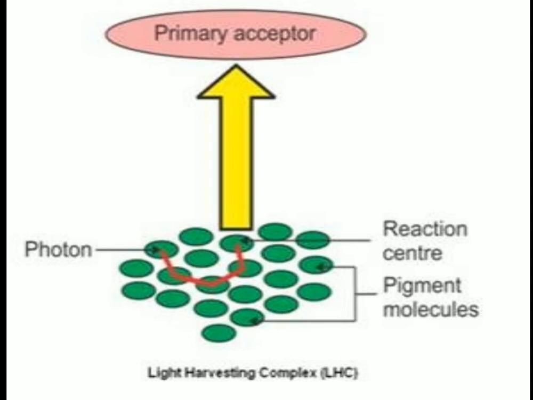I repeat once again that in photosystem 1, the reaction center chlorophyll A molecule has an absorption peak at 700 nanometer. Only that is the difference. While in photosystem 2, it has absorption maximum at 680 nanometer, hence called P680.